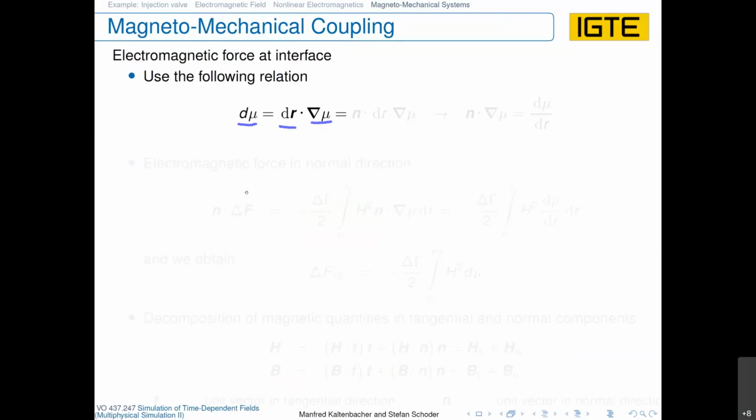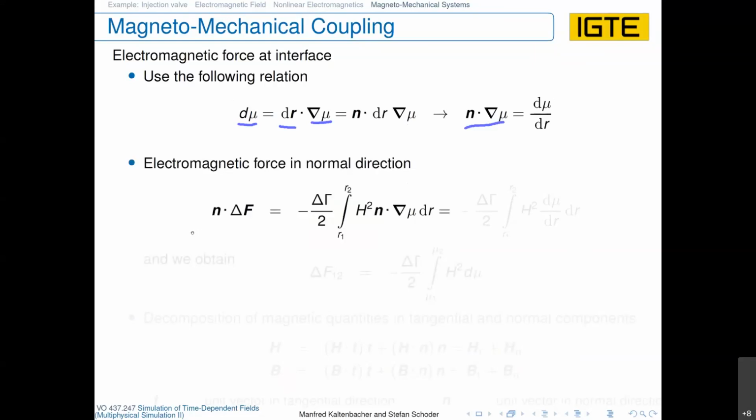And since we assume that dr is going in normal direction, the normal vector of our surface or interface, we have just this dr gradient mu, and so we can divide this equation by dr. And doing this, we see the following, that now the gradient of mu dot product with the normal vector, as shown here, is equal to the total change of the permeability with respect to the radial direction.